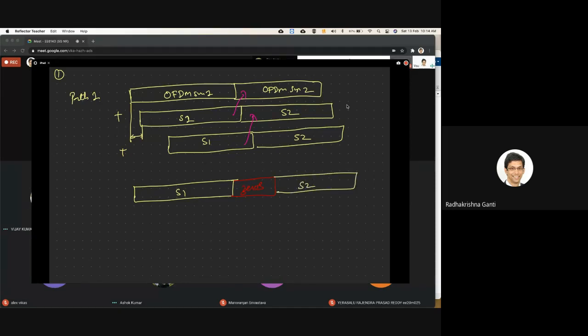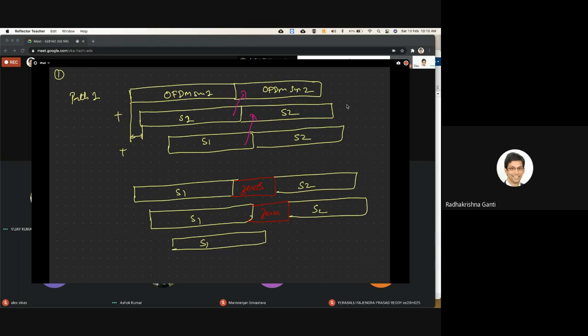Now with multipath, this will come here: S1, zeros, symbol 2. Similarly, this will be here: S1, zeros, symbol 2. Now S1 is interfering only with zeros, which we are going to throw away anyway. It's not interfering with S2.